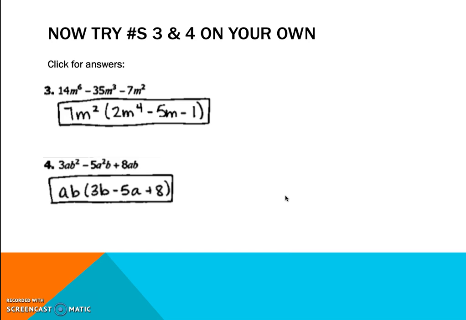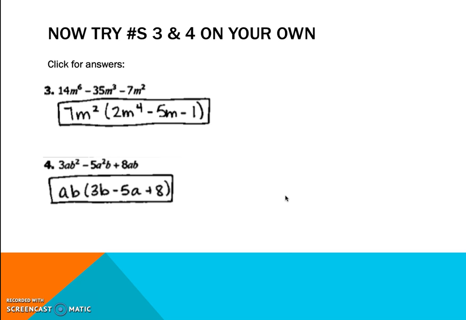Now try numbers 3 and 4 on your own, and here are the answers. You can go ahead and pause it if you want to work out the problems on your own and then check your answers. Number 3 has 14m to the 6th minus 35m to the 3rd minus 7m squared.